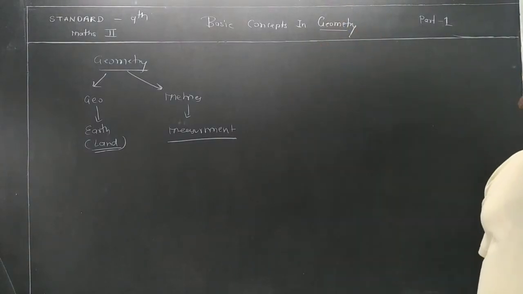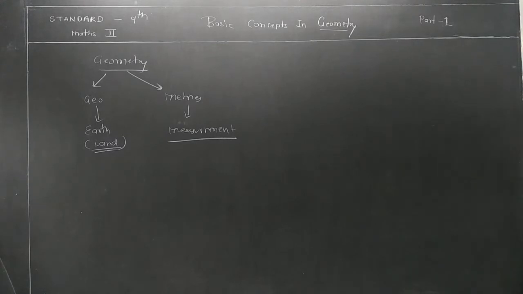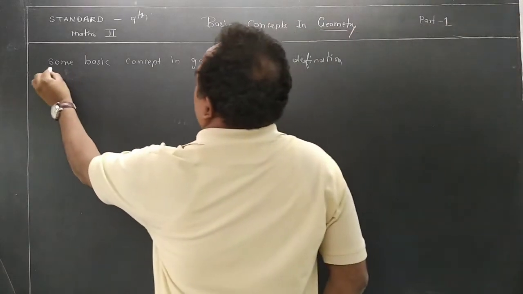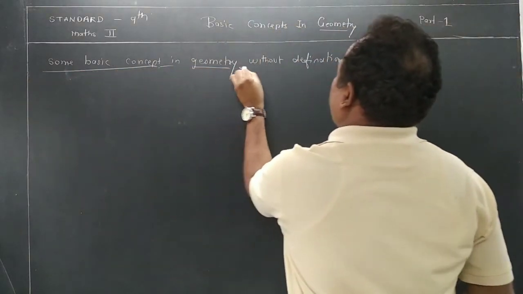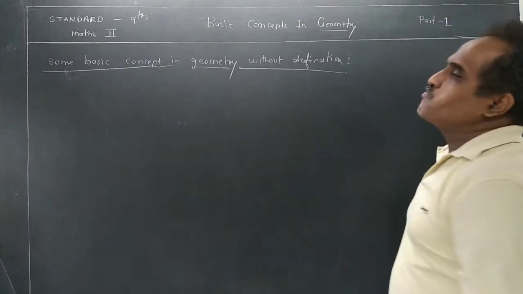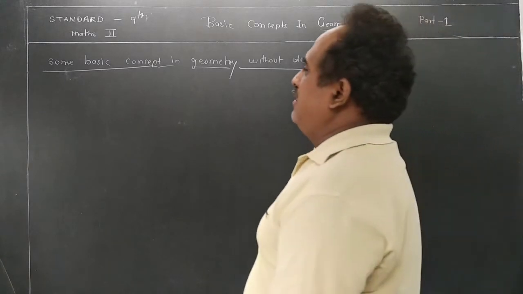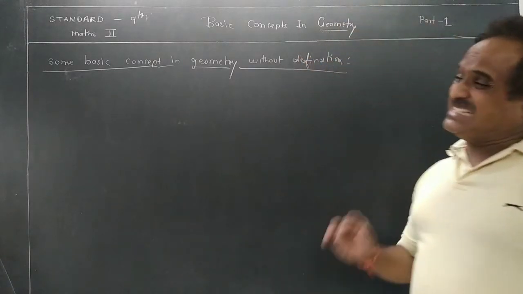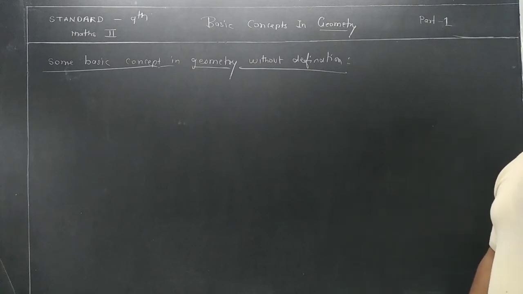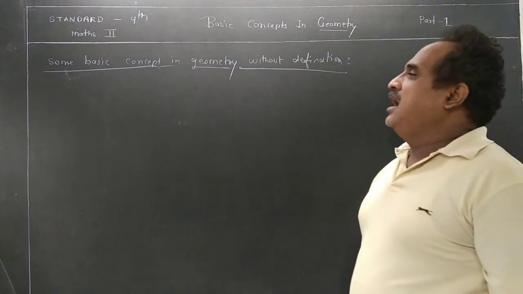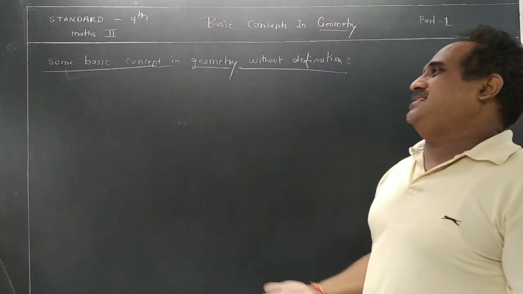We'll start with the topic basic concepts in geometry. Some basic concepts in geometry are without definition. There is no definition for some basic concepts in geometry, which all the mathematicians have accepted as it is.